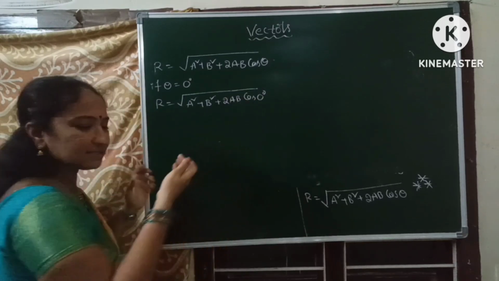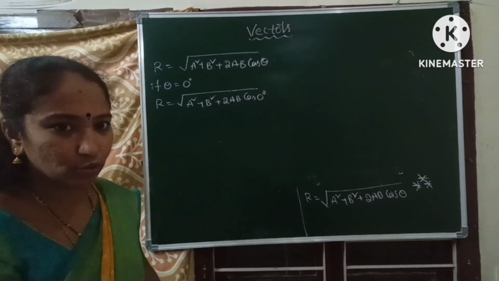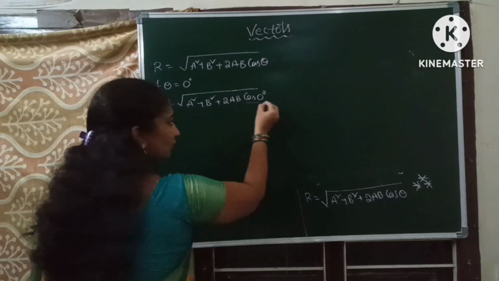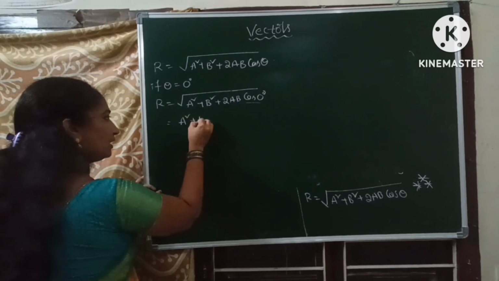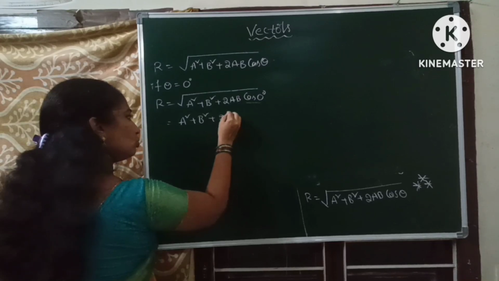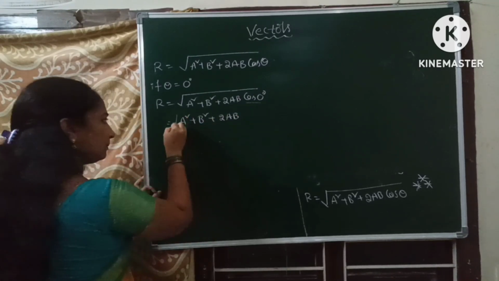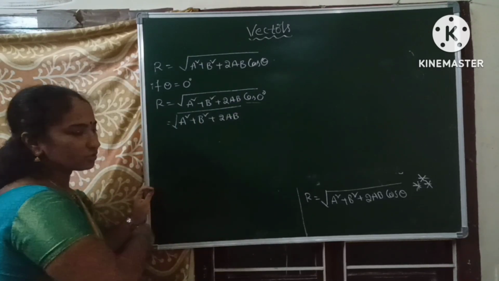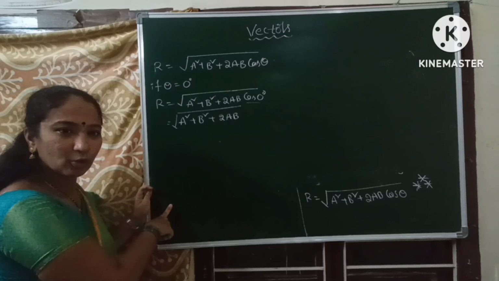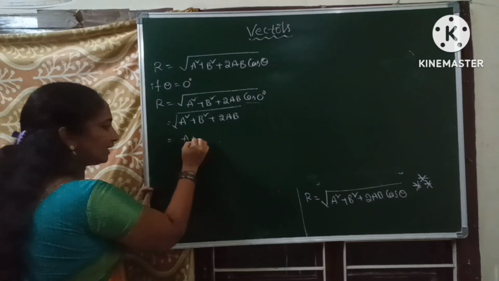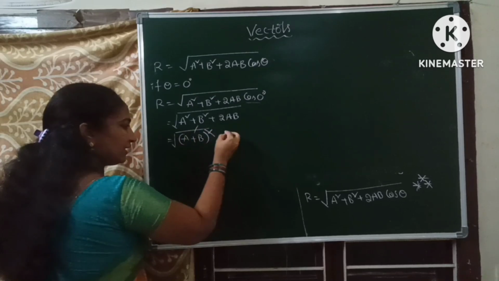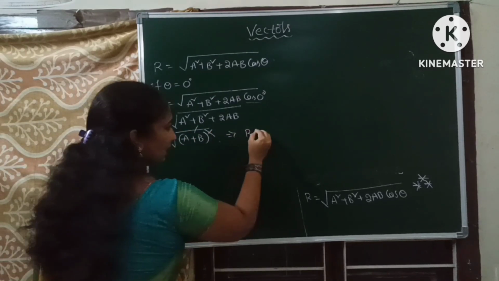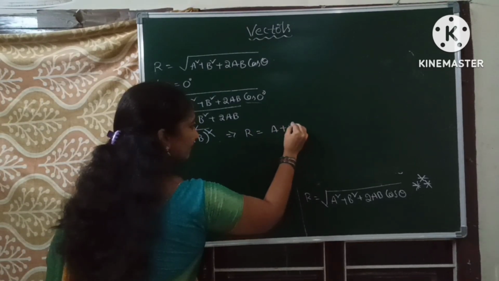Cos 0 value is 1. So a square plus b square plus 2ab into 1 looks like a plus b whole square within the root. Square and root get cancelled, students. Therefore R is simply a plus b.